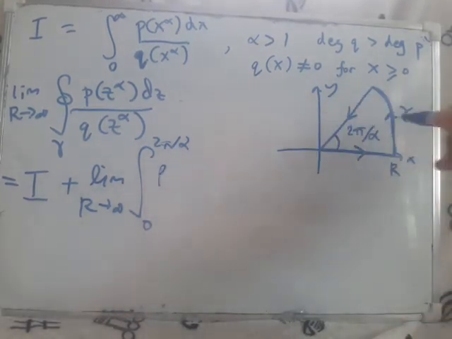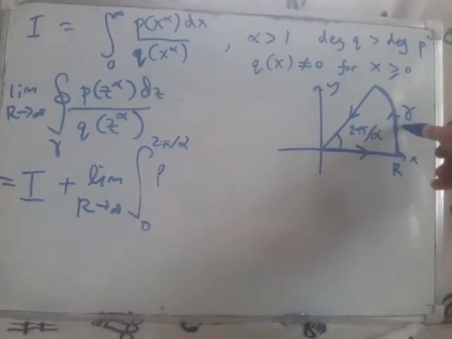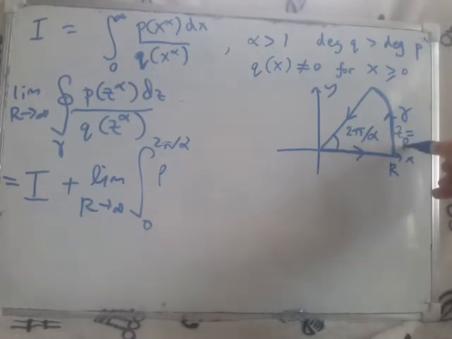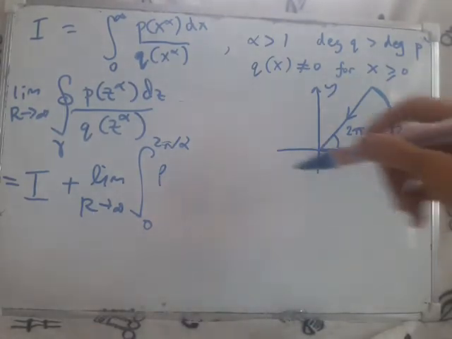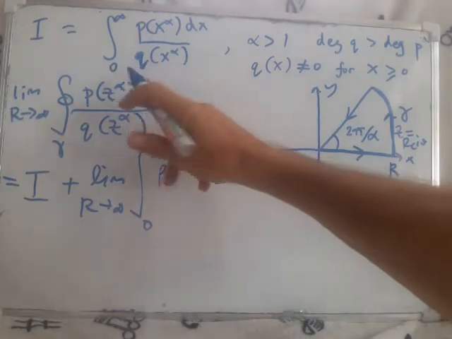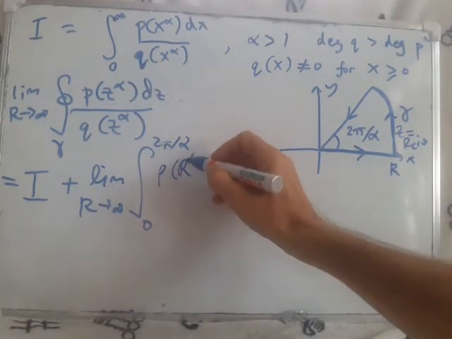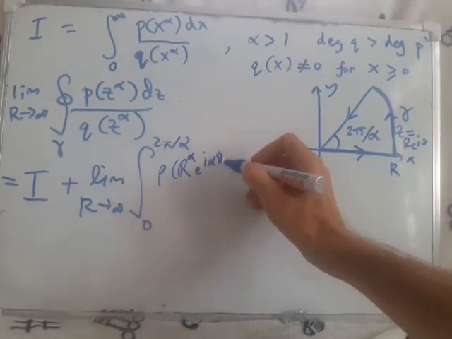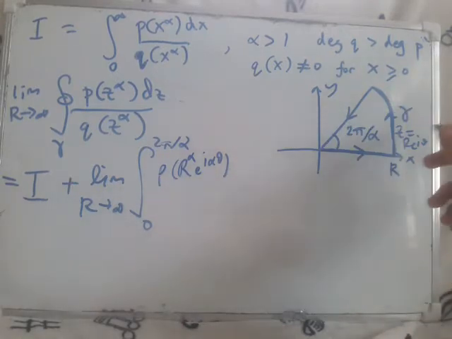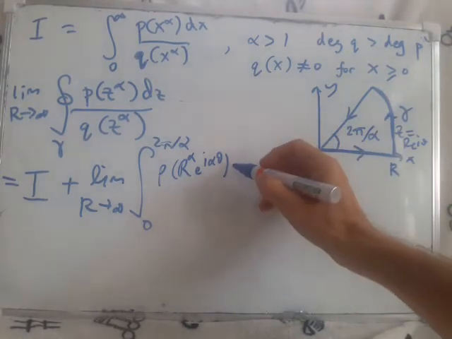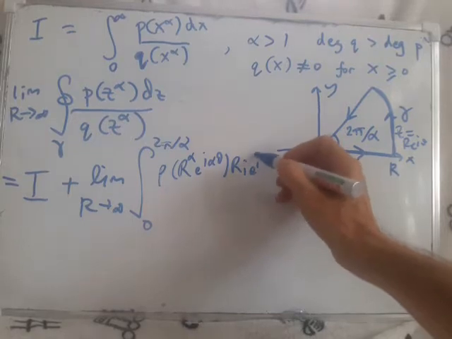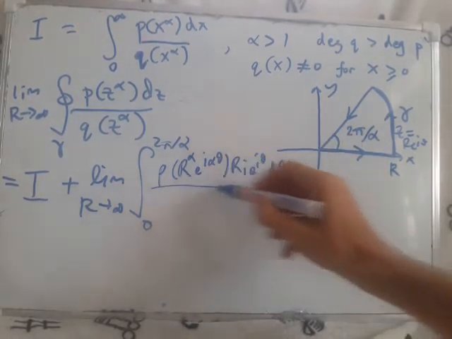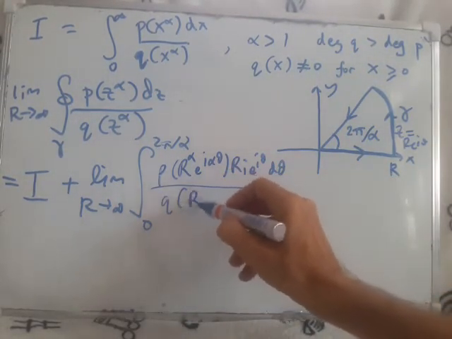Now we're changing variables. Here we've got z equals r e to the I theta around here. So we've got z to the alpha now is r to the alpha e to the I alpha theta, and dz is r times I times e to the I theta d theta. And we've got q, the same thing on the bottom.